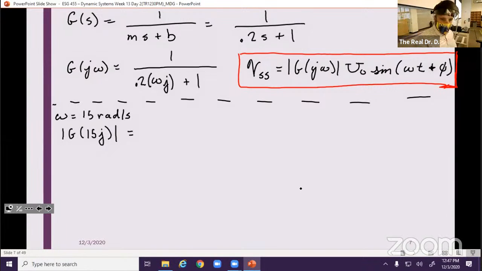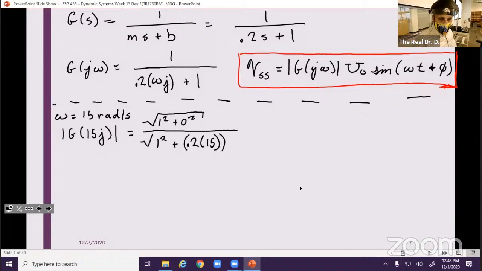My numerator is 1 squared plus 0 squared. Remember, it is the Pythagorean theorem to get the magnitude of the numerator divided by the magnitude of the denominator, which in this case is the square root of the real portion, 1 squared, plus 0.2 times 15 squared. Well, what is that? You crunch those numbers, what do you get?